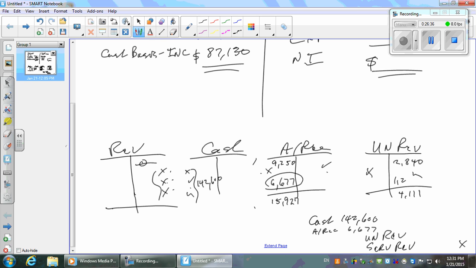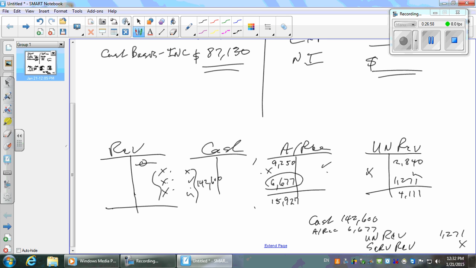1,271. So what does that mean? Just think about it. I debited cash and credited unearned revenue for more than I debited unearned revenue and credited service revenue. I collected more than I earned, so I have less revenue than I have cash receipts.